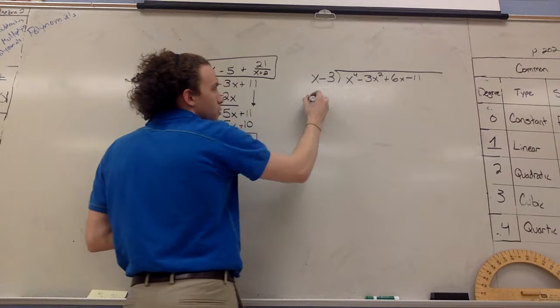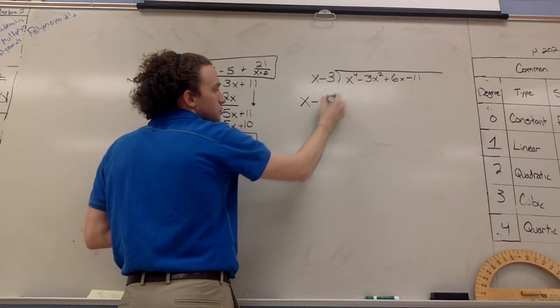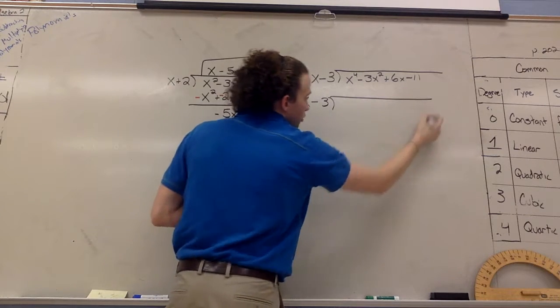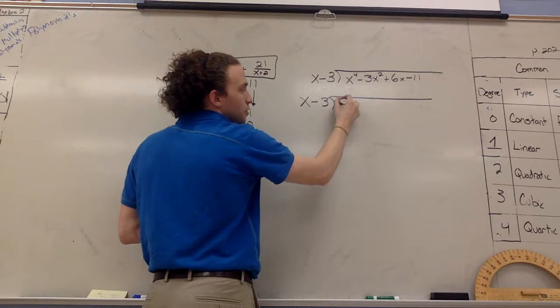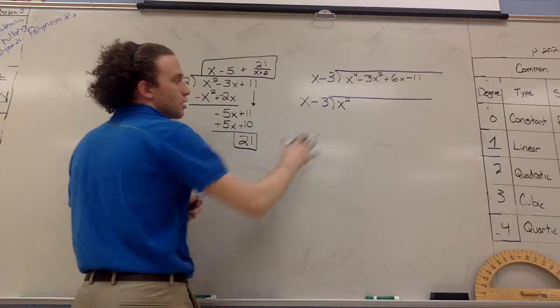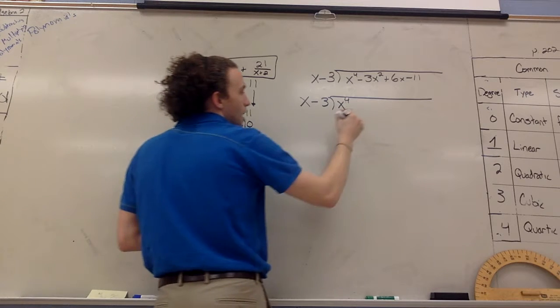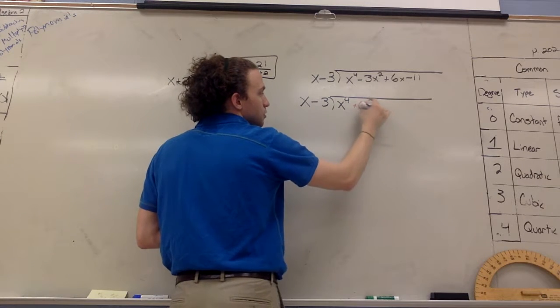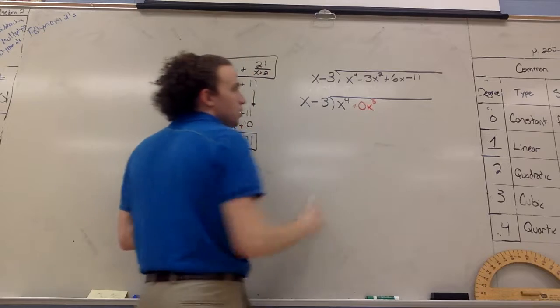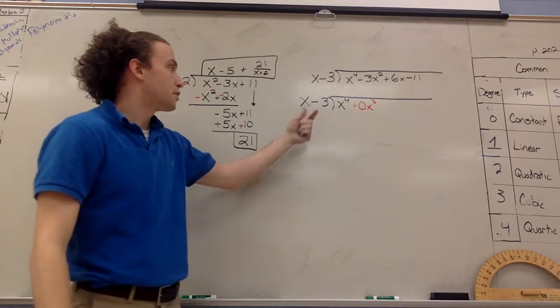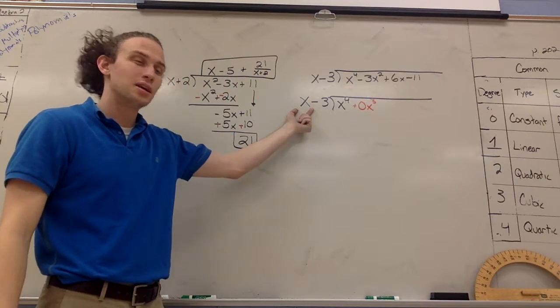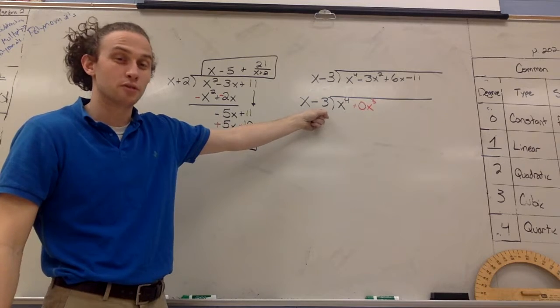So all I have to do is rewrite this. Rewrite the exact same thing. The only difference now, this should be to the 4th, is we have to add a 0x cubed. Now this could be on either side. So say this was x squared minus 3, I'd want to put a 0x in there too.